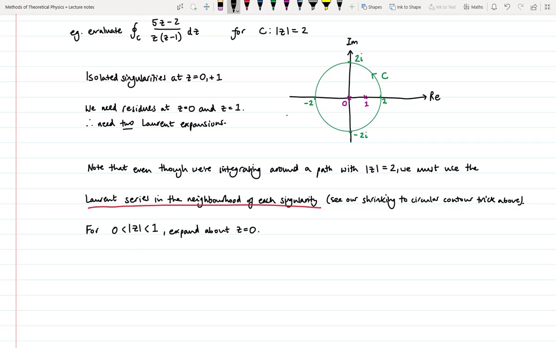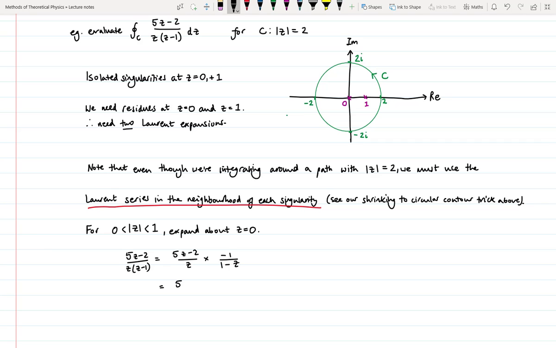Right, let's get around to expanding this. We have 5z minus 2 over z, z minus 1. This can be written as 5z minus 2 over z times minus 1 over 1 minus z. You'll recognise this term on the right hand side as an infinite geometric series.